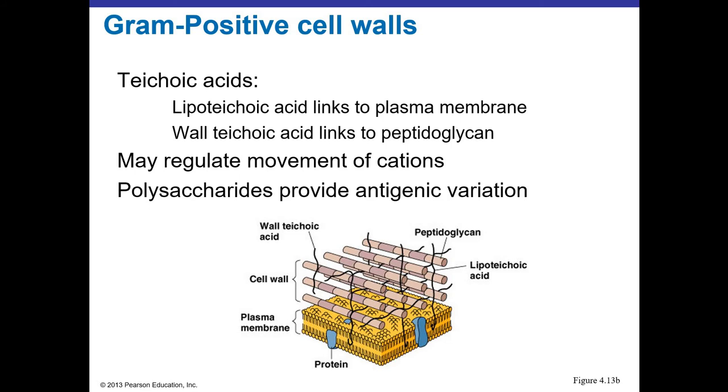So in summary, gram-positive cells have teichoic acid, both wall teichoic acid and lipoteichoic acid. But one of the things about that open weave network of the thick cell wall is that it does help to regulate the movement of cations in and out of the cell. It also provides some of the polysaccharide diversity for antigenic variation.